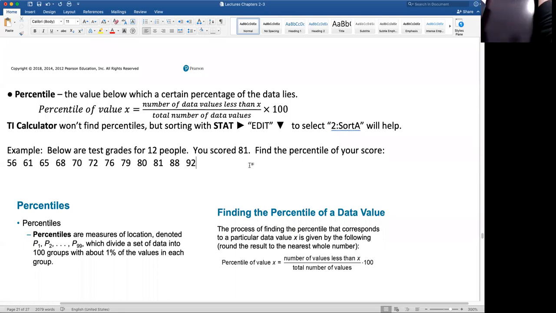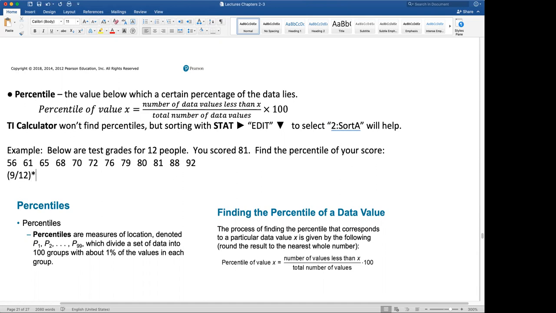So once you sort the data, you can figure out that the number of data values less than 81 must be 9. So then 9 divided by the total number of data values, which is 12 in this example, and then times 100.